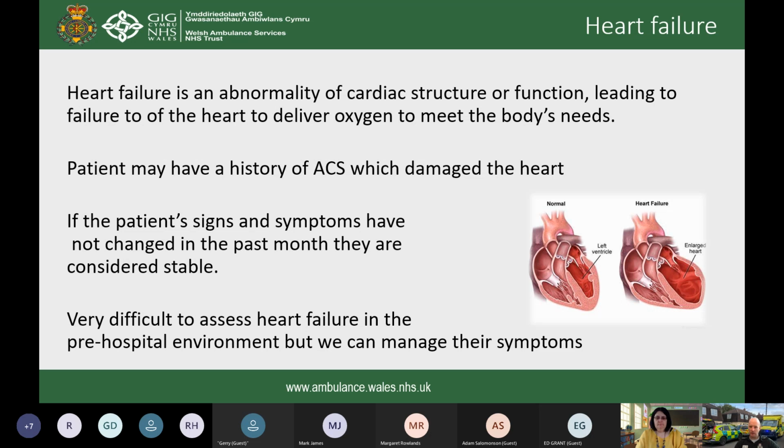So the function or the structure of the heart has changed, which has led to the heart failure. Very difficult to assess in the pre-hospital environment, but we put it in so you can understand that if they've got heart failure, most likely they've had ACS or an MI or unstable angina in the first place. So they've got a good cardiac history that's caused it.